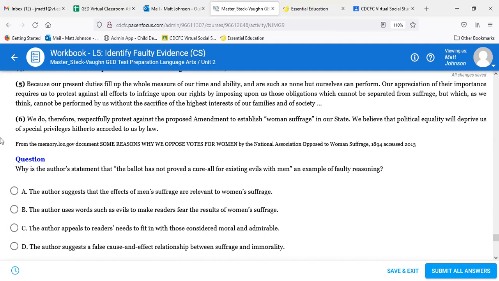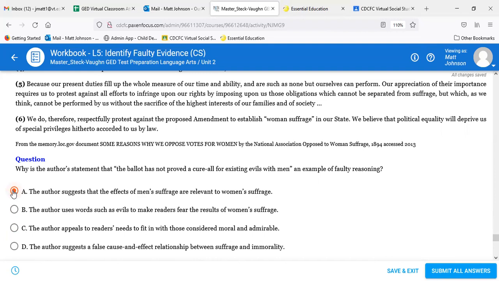C. A, pointing out one, that's kind of just faulty logic, right? This idea, it's like, well, the fact that men can vote hasn't changed everything for men.